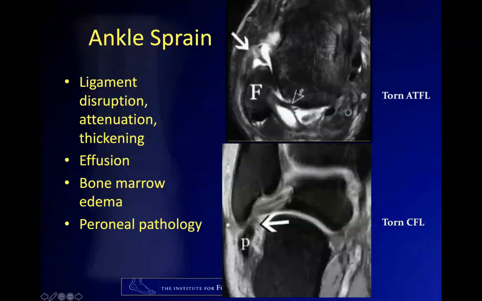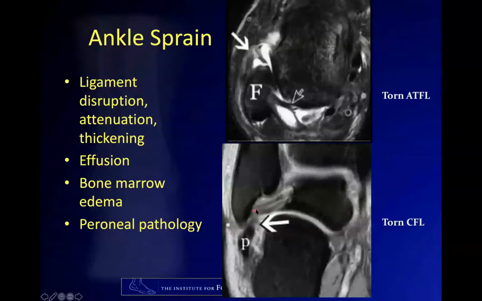Here we see in an ankle sprain patient a torn anterior talofibular ligament. We see the posterior talofibular ligament that looks also disrupted. There's fluid behind the ankle joint. We see here a torn CFL.